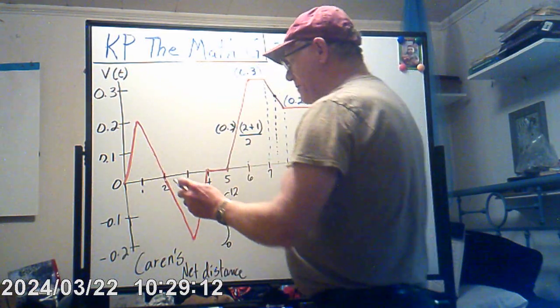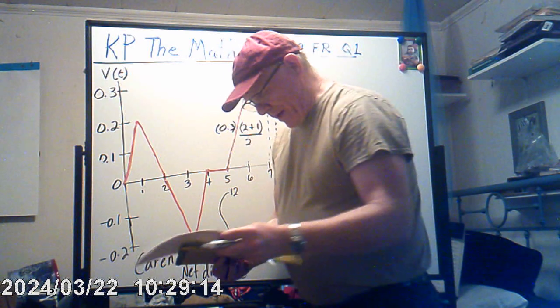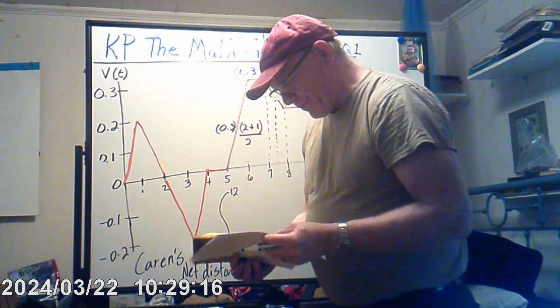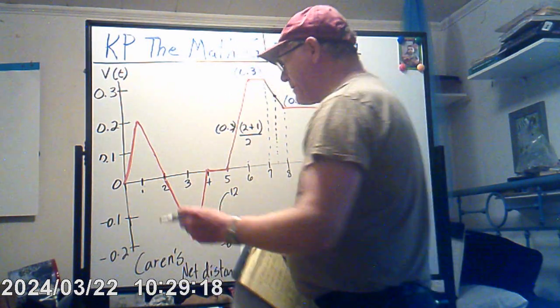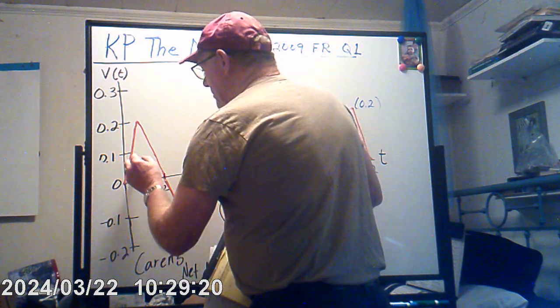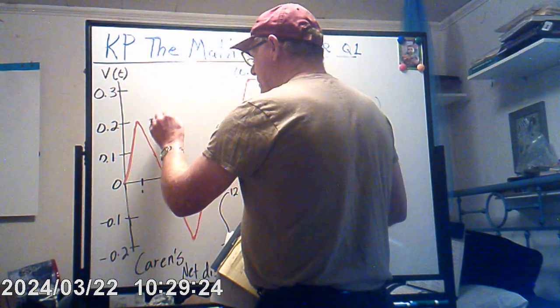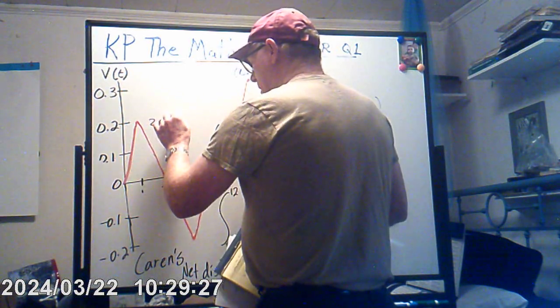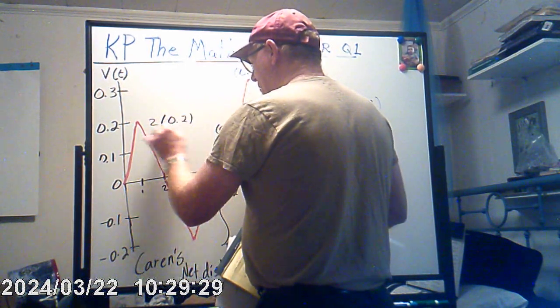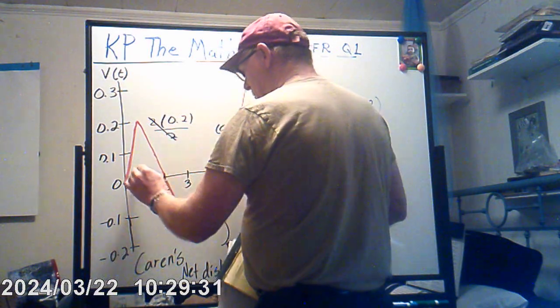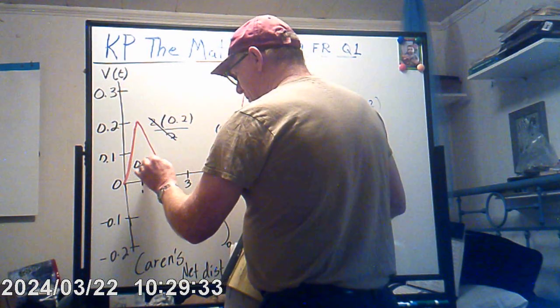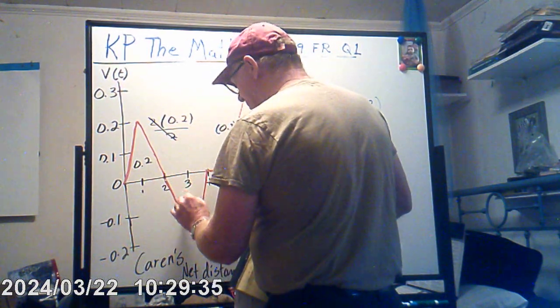So remember this area, it was 2 times 0.2 divided by 2. This is 0.2 right here. But this is a negative 0.2.